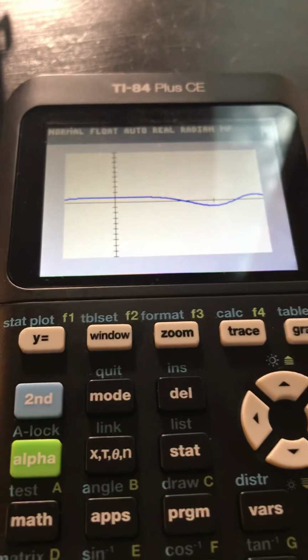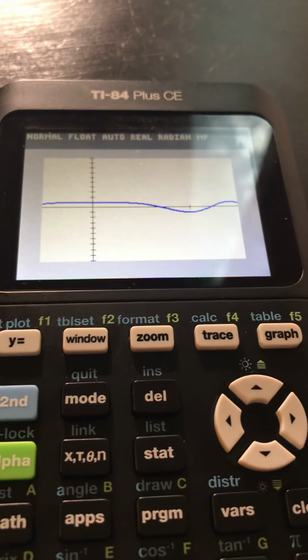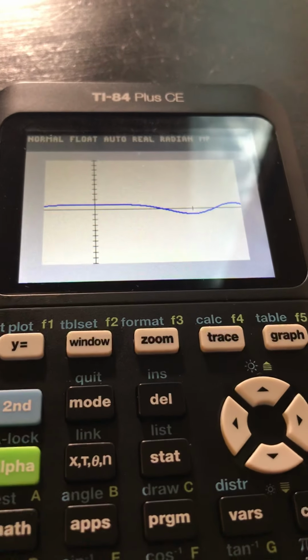And they are wanting to know where on the original do you have decreasing.